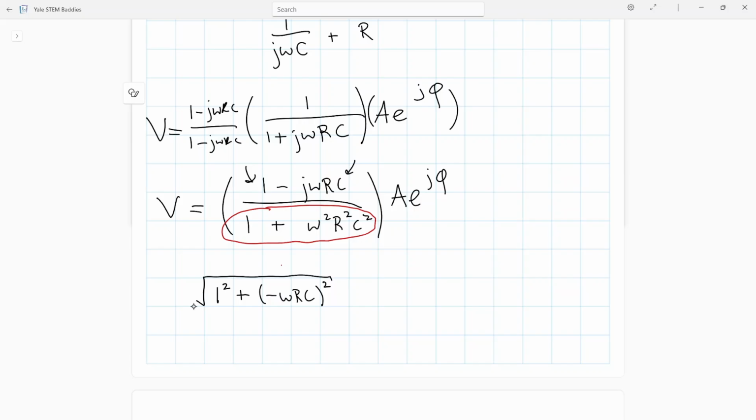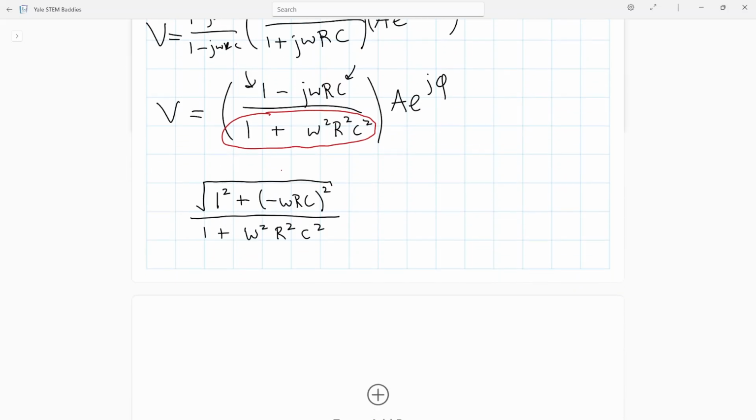Now that we've put that all under the square root, that's the definition of the magnitude. Let's then correct by bringing in the multiplicative constant, so we divide by what it was originally divided by, which is 1 plus omega squared r squared c squared. If we distribute this 2 exponent and cancel out the negative sign, exponentiation distributes over multiplication.